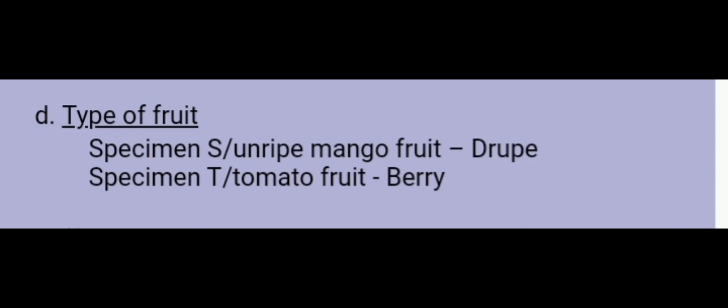So in berries, the endocarp is soft and fleshy. An example of berries is tomato. Orange is also there, but I'm just going straight to the parts that concern the specimens we have here. Okay, so I've said specimen K, tomato fruit, is a berry.